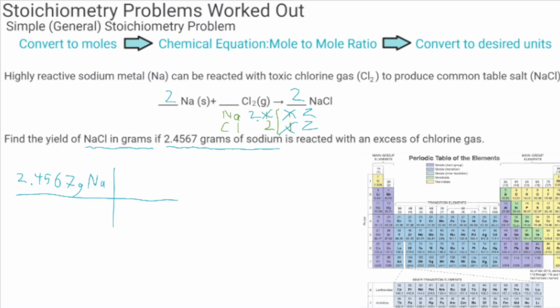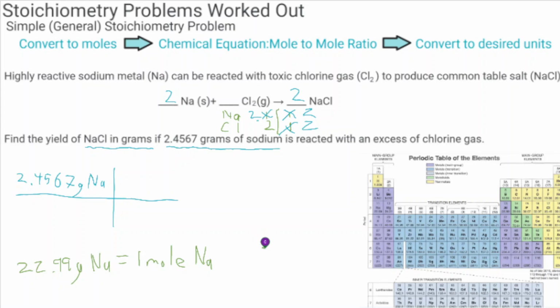So if we find sodium, we have this 22.99, and what that 22.99 means is that we have 22.99 grams of sodium is equal to 1 mole of sodium. And we can rewrite that as a fraction.